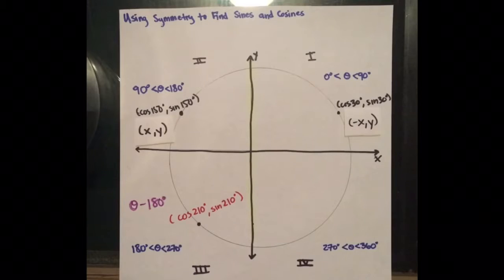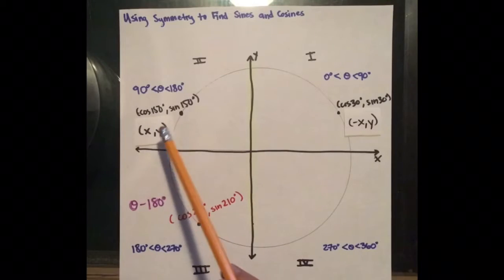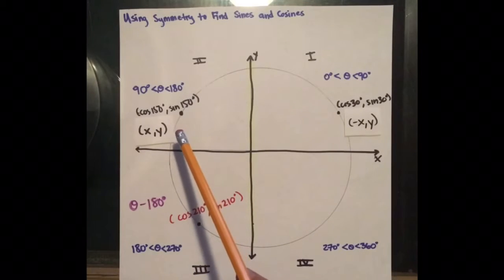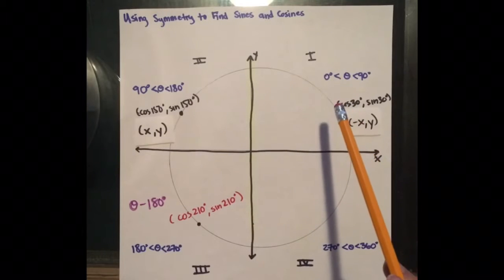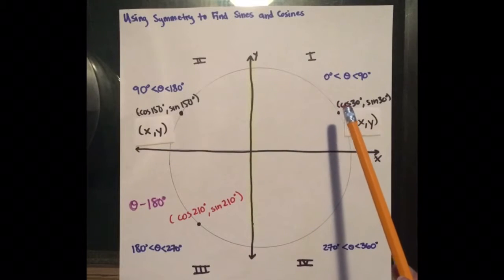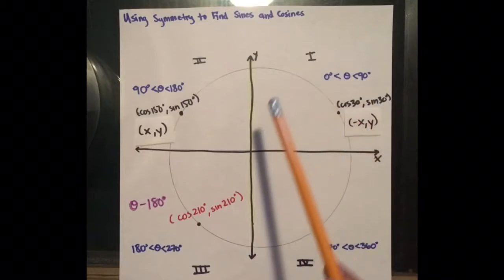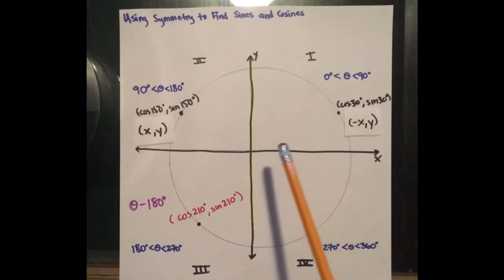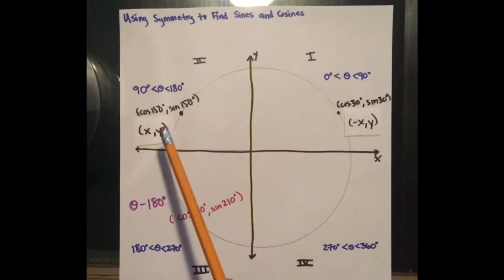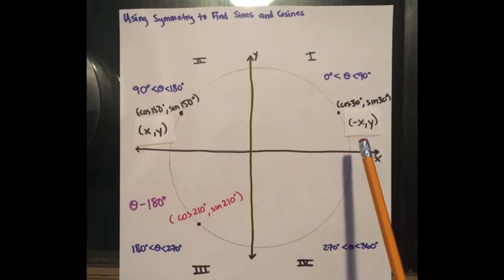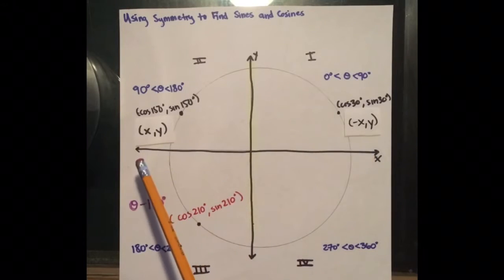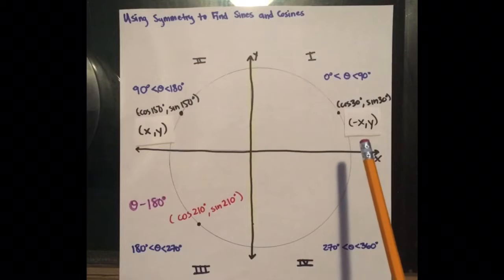For example, the point cosine 150 degrees, sine 150 degrees is the reflection image over the y-axis of the point cosine 30, sine 30, which is a point in the first quadrant. Remember that under reflection over the y-axis, the image of (x, y) is (negative x, y). So the first coordinates of the points are opposite, but the second coordinates are equal.